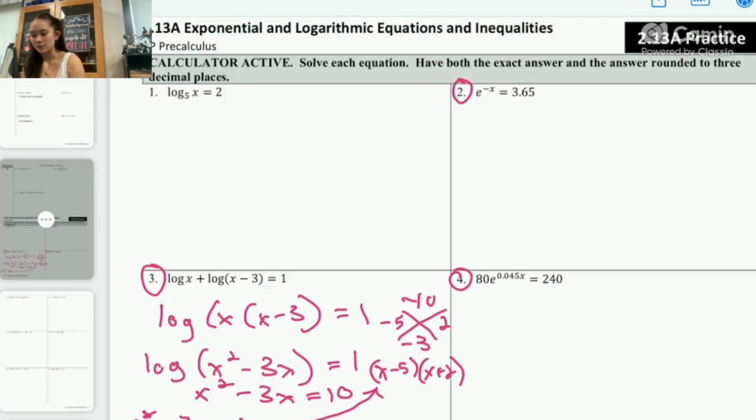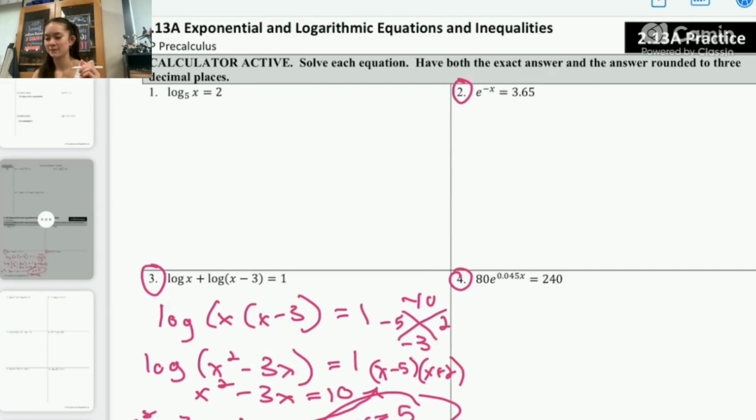So your answers would be x equals 5, and then it might trick you because you'd think that it could be x equals negative 2, but regarding logs, you cannot have something that's a negative. So x equals negative 2 would not work. So your only answer is x equals 5.